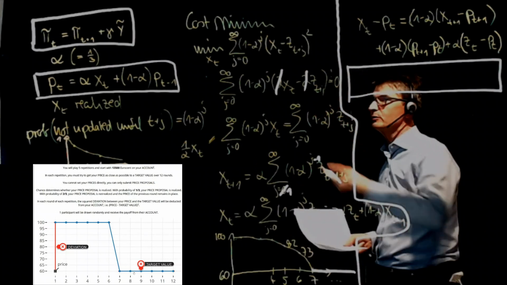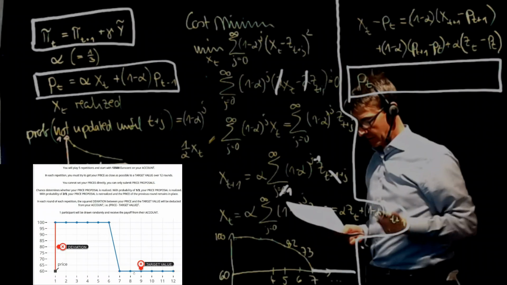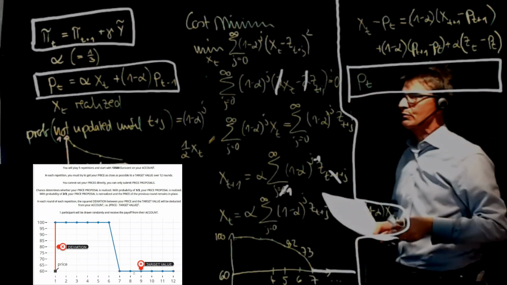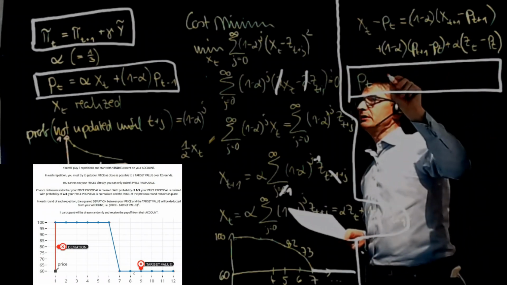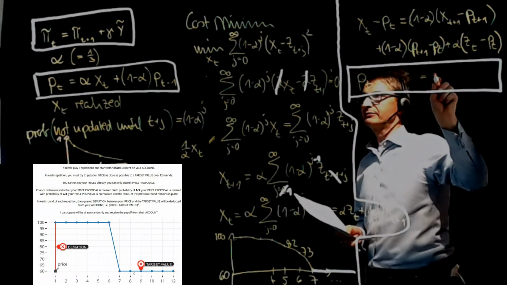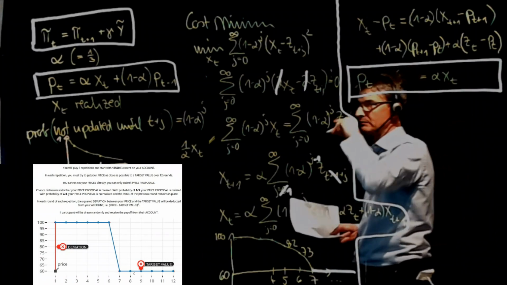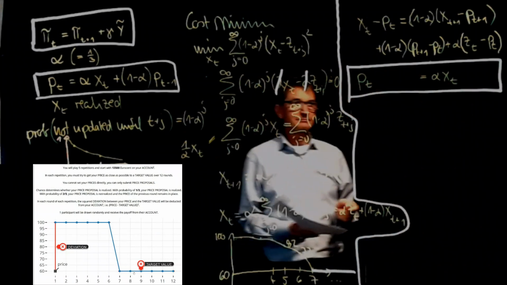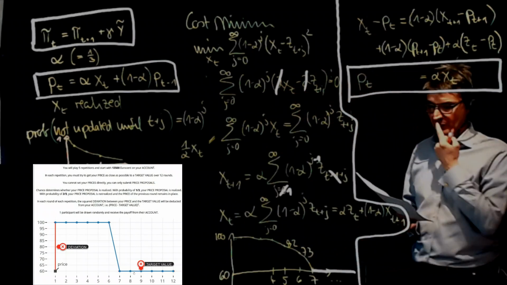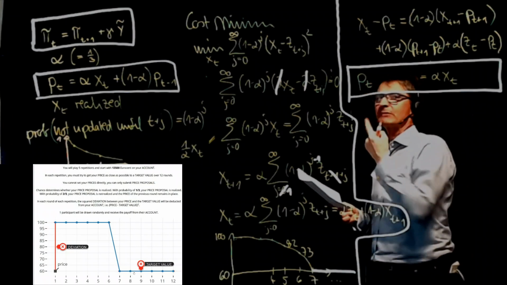So what we do is we have the P_t being equal to alpha times x_t. Now what was my trick? Oh yeah.